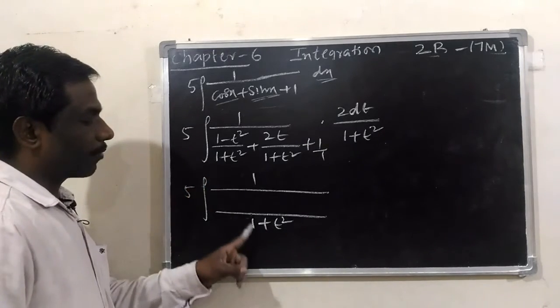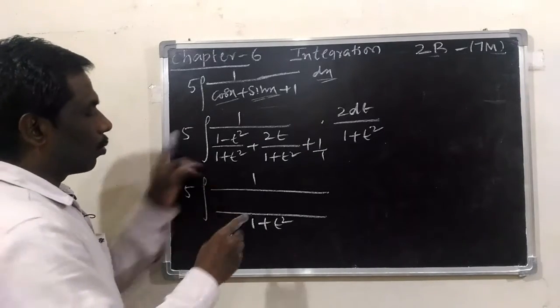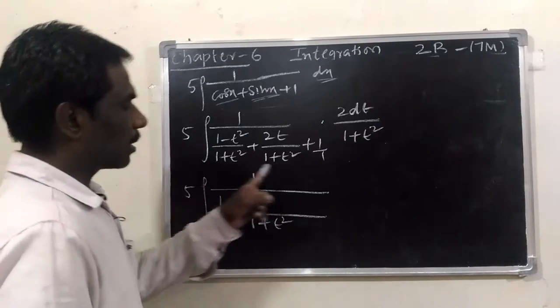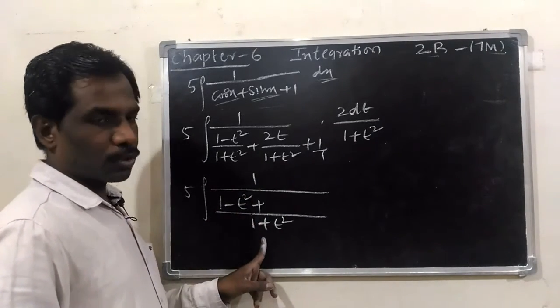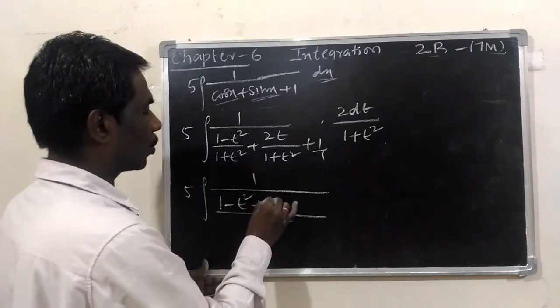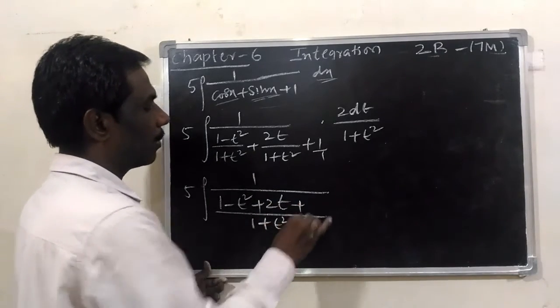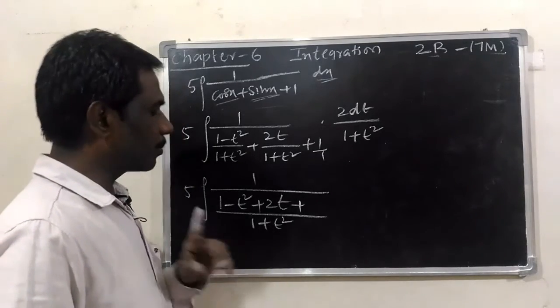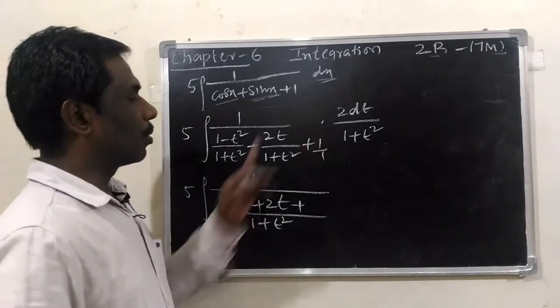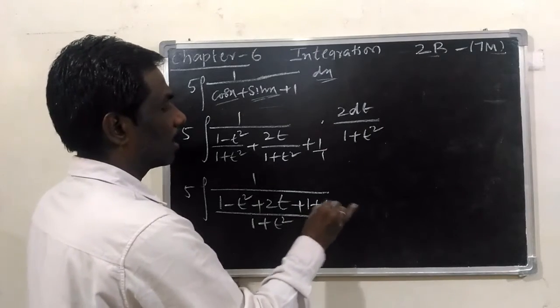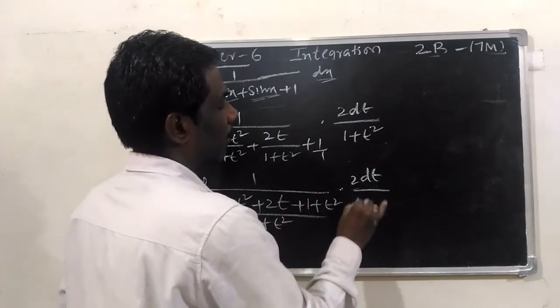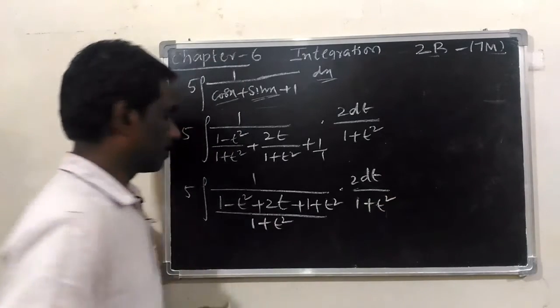In 1 plus t square goes one time: 1 into 1 minus t square is 1 minus t square, plus again 1 plus t square goes one time, 1 into 2t is 2t, plus in 1 the 1 plus t square goes 1 plus t square times. So 1 plus t square into 1 is 1 plus t square, into 2 dt by 1 plus t square.